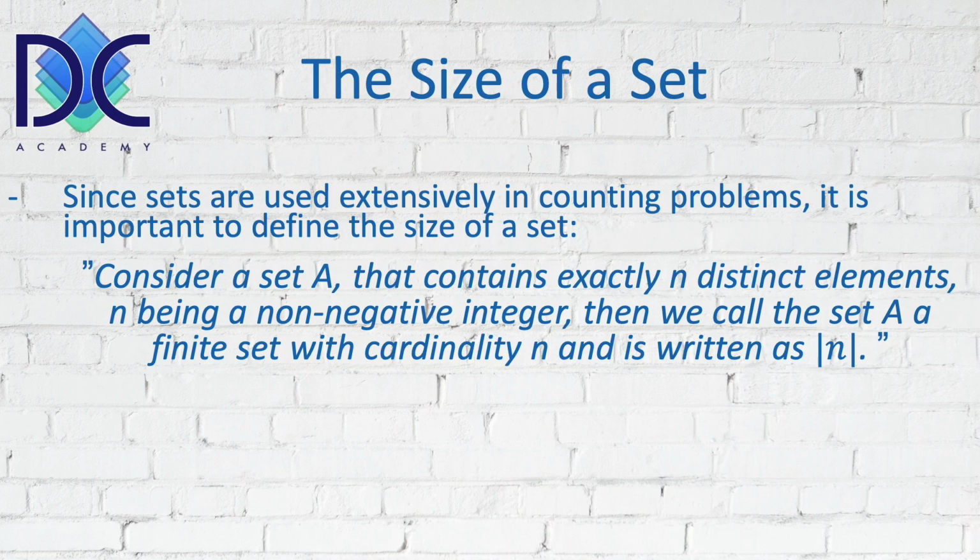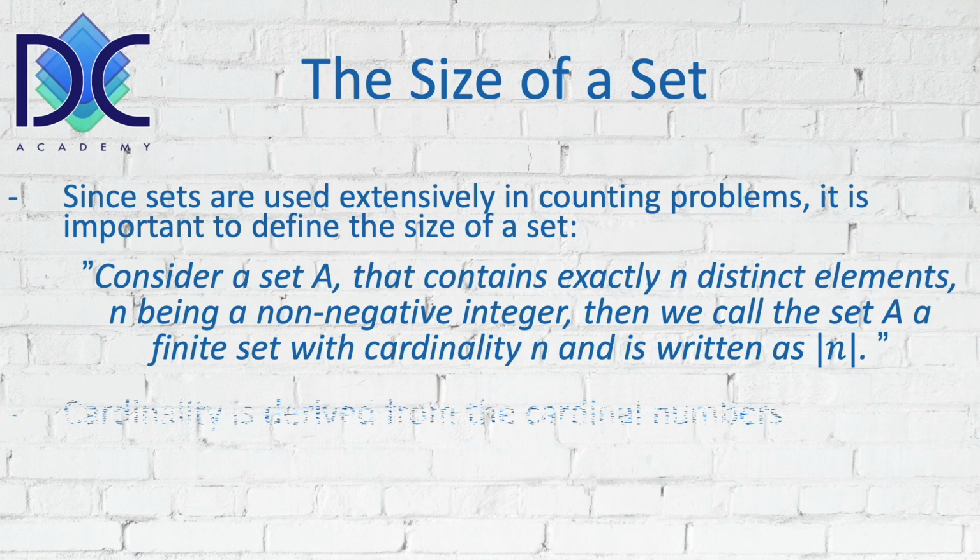We consider a set A. It contains exactly n distinct elements, n being a non-negative integer. Then we call the set A a finite set with cardinality n, and it is written as the cardinality of the set A, or |A| = n.